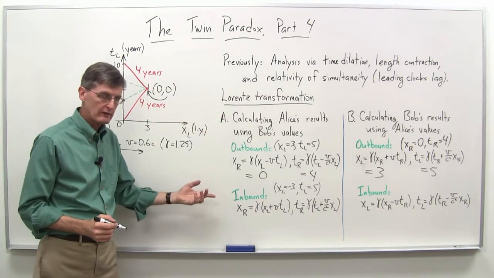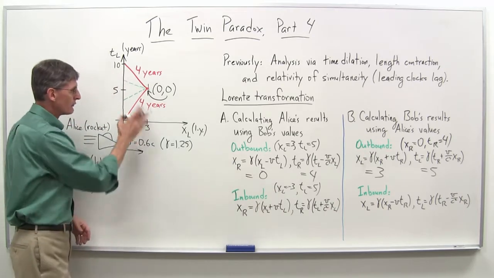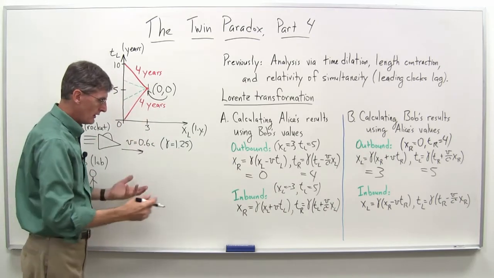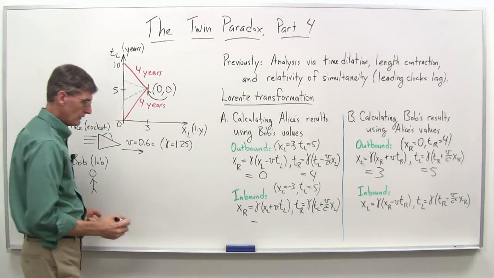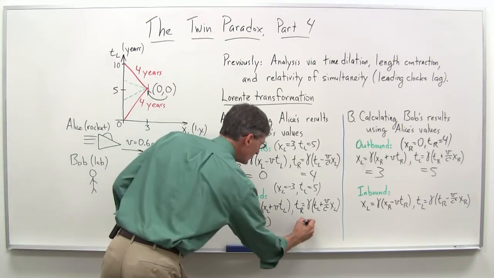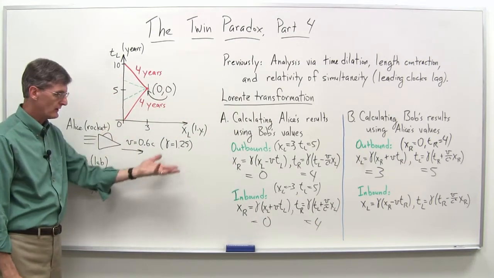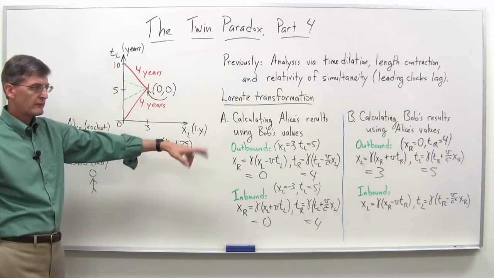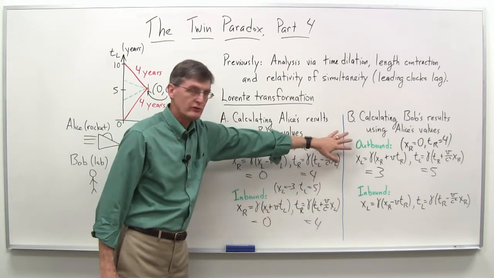If you plug in those values, just from the diagram here, again, you're going to get xR equals 0 and tR equals 4, another 4 years, as you would expect. So 8 years there.